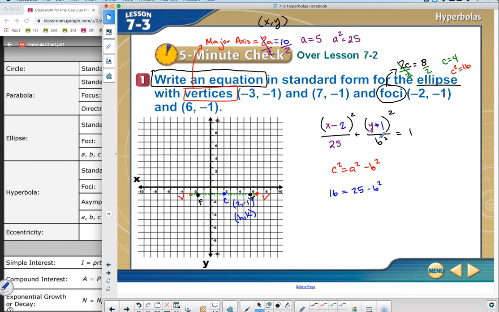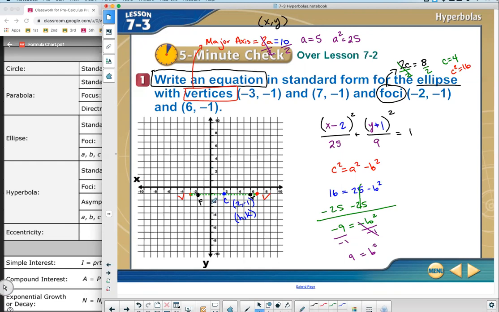Now, you might already know the answer is going to be 9 here, but if you did not, you would subtract 25. And we would discover that 16 minus 25 is a negative 9. Negative 9 equals negative B squared. If you're trying to isolate B squared, you would then divide by negative 1. And we divide by negative 1, we get that positive 9 equals B squared. And so that would be our value right there, 9.